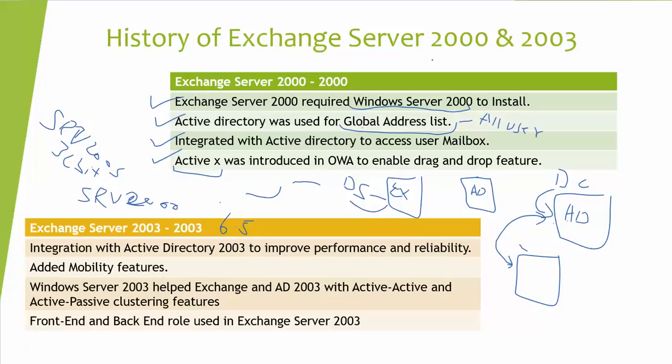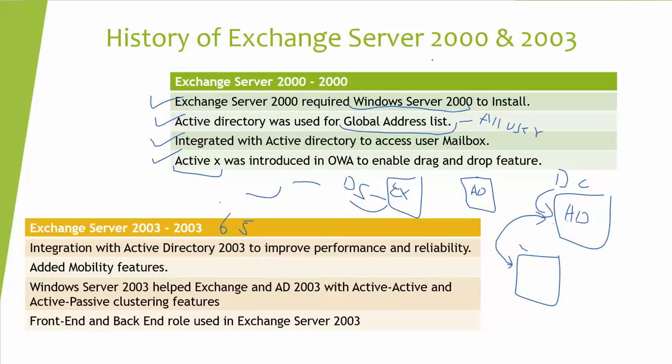Exchange Server 2003 also introduced improved antivirus and anti-spam features. That was another good thing. And then this version came in two different flavors: Standard Edition and Enterprise Edition. One was for small to medium businesses and one was for large organizations.